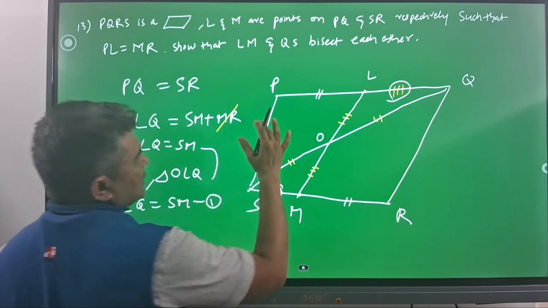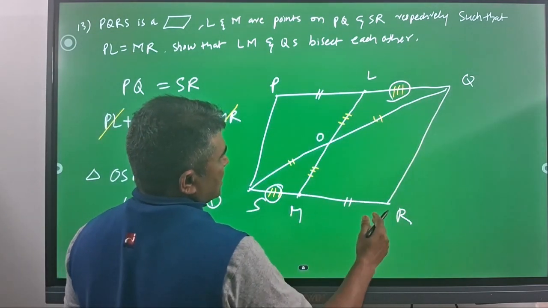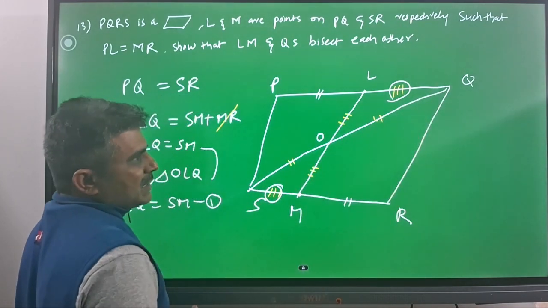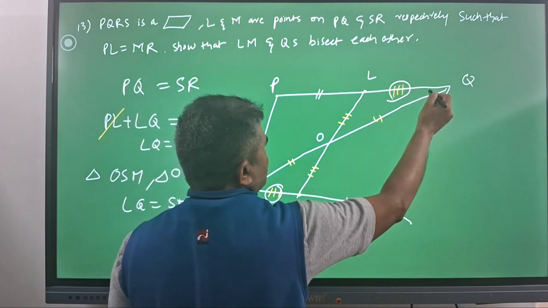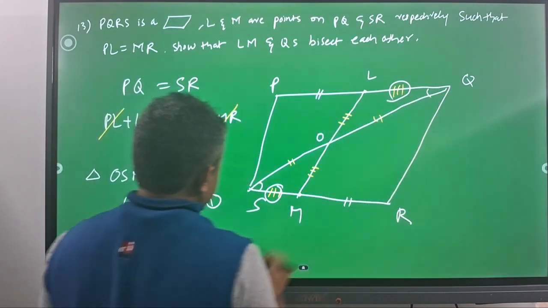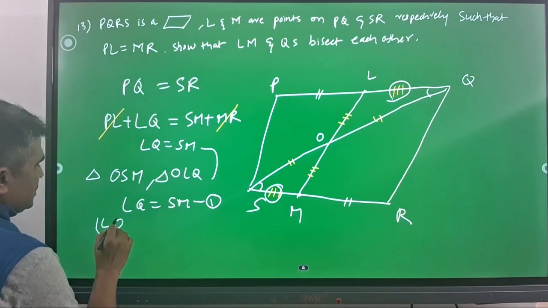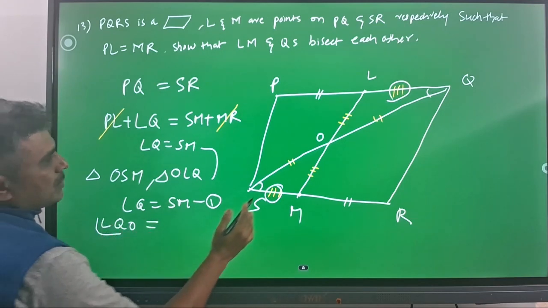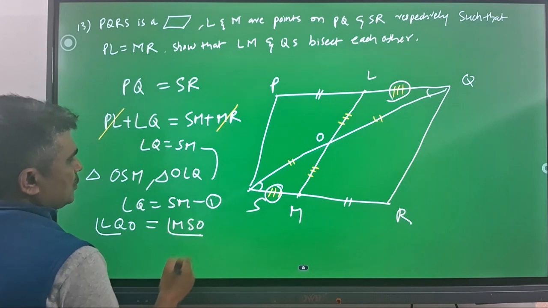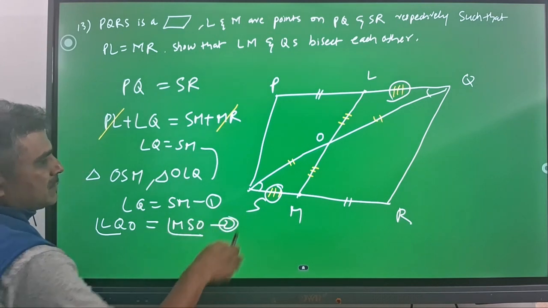See, PQ and SR are parallel lines. If we consider SR as a transversal, then their alternate angles, angle LQO, will be equal to angle MSO. This is the second relation.